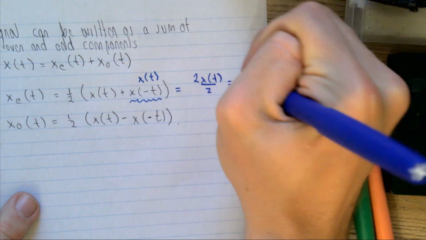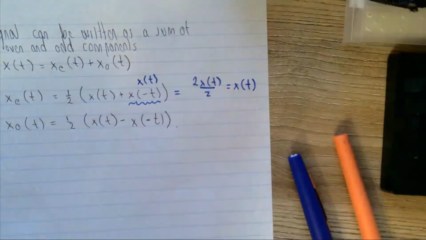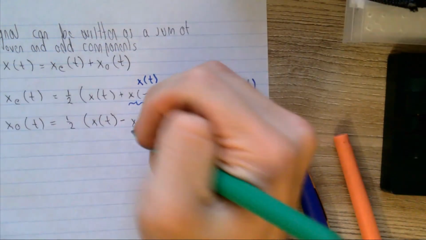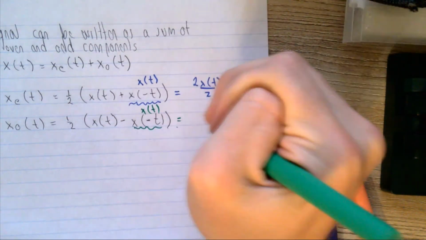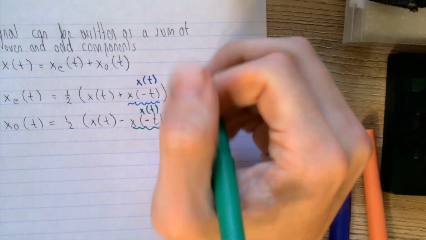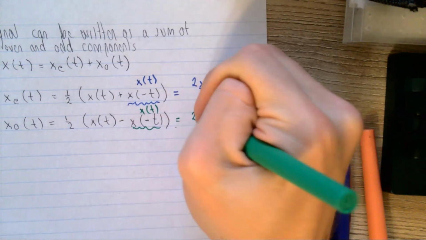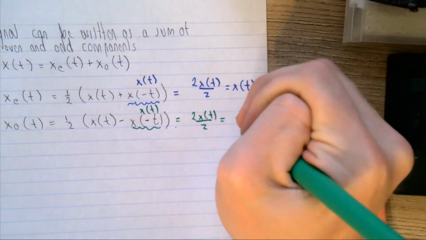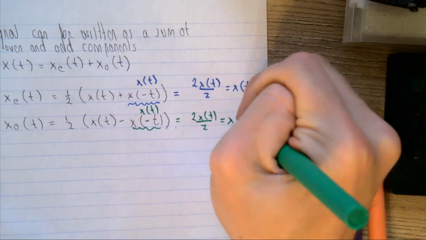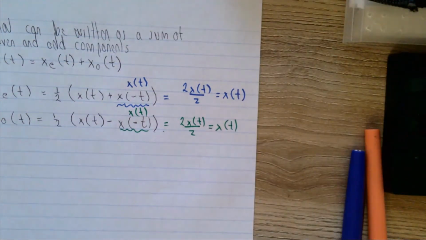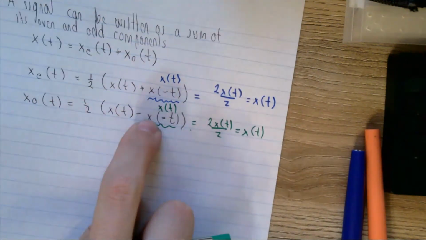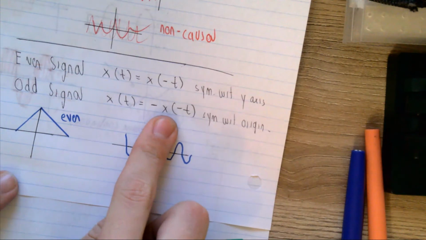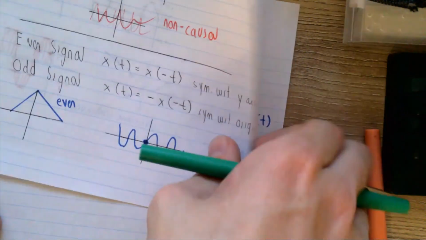And then here, if we have an odd signal, this is just going to be x of t. So this is going to be x of t plus x of t. So that would be 2x of t divided by 2. That just equals x of t. And so you can just derive those really easily from that relationship, if you know what an even signal is defined as and what an odd signal is defined as. And so that's how you can go back to it.